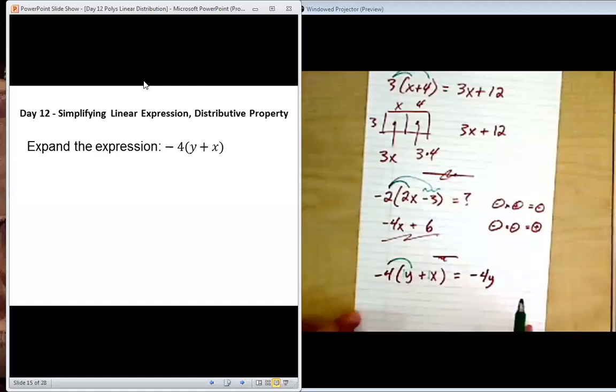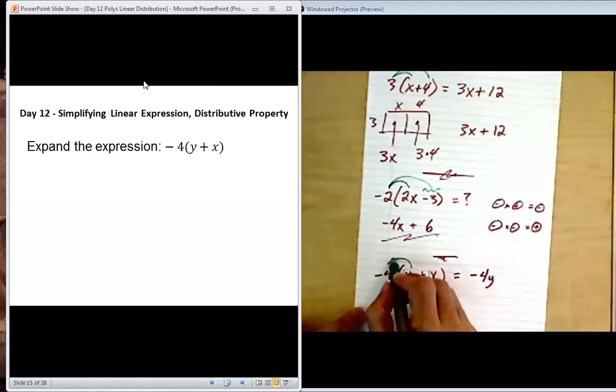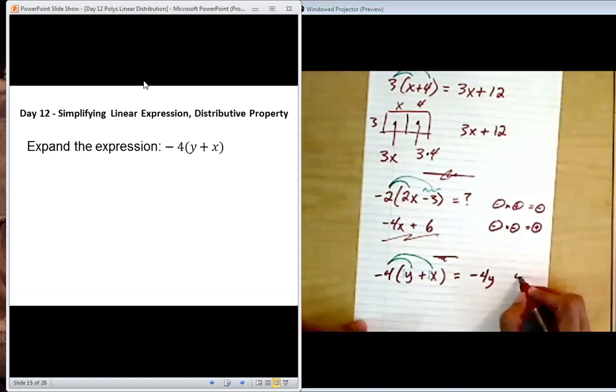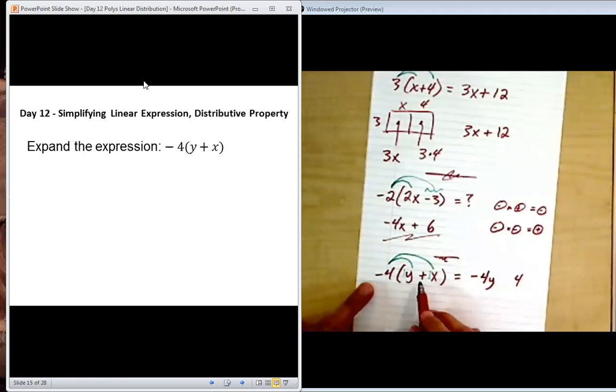The next part is this one. Four times 1, 4. Minus it is, because it's a plus and a minus.